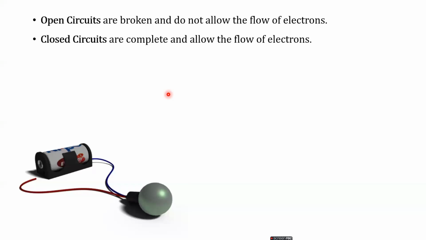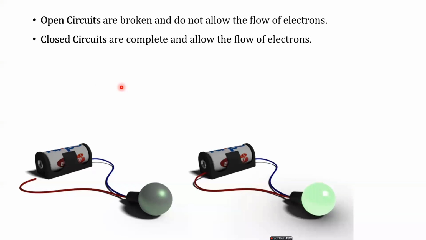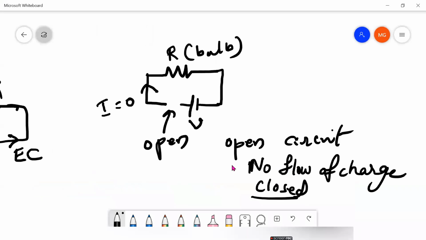Then what do you mean by closed circuit? What should be the difference between these two terms? That can be visualized using this picture. You can see here the same battery, same bulb, same wires, but the bulb is glowing here. The reason is that there is a closed path for the flow of current. What is the difference between closed and open circuit?